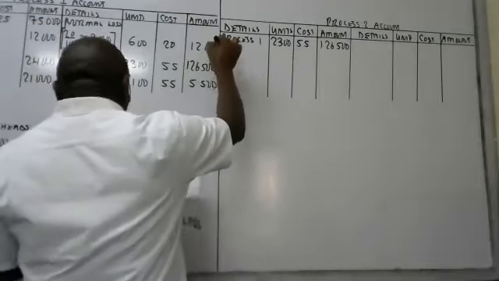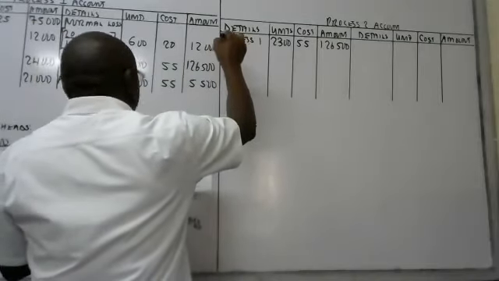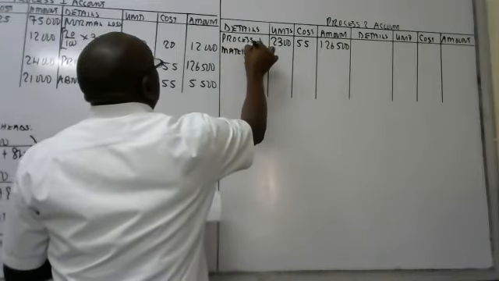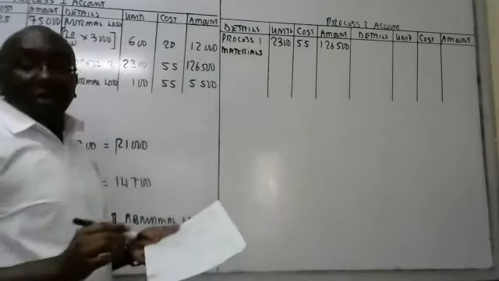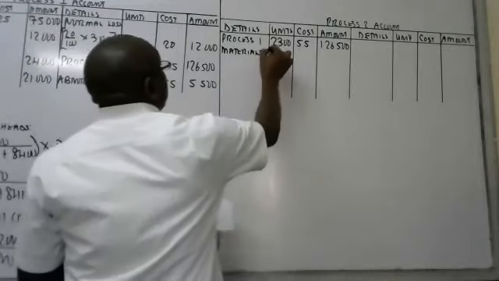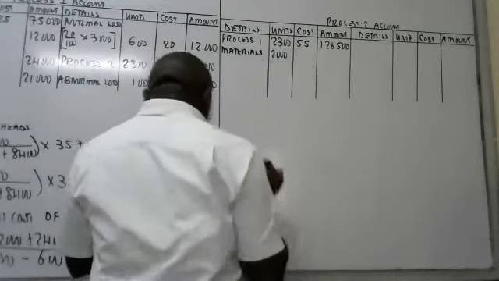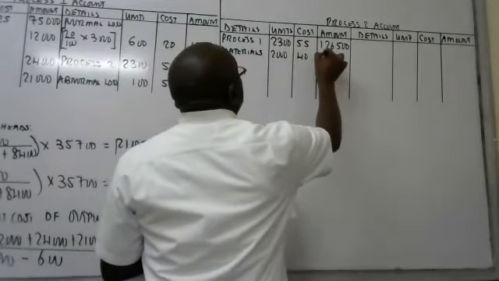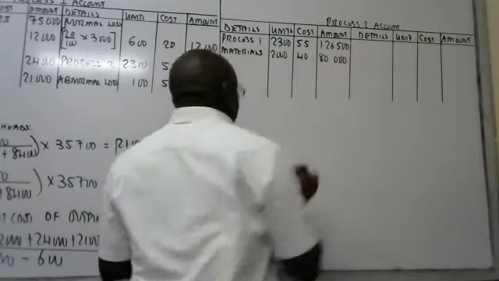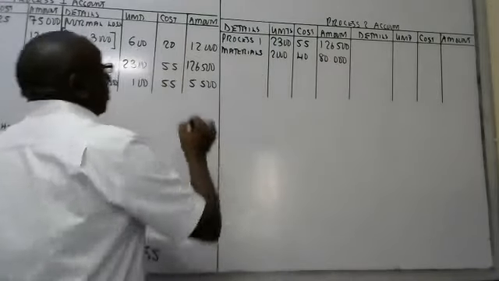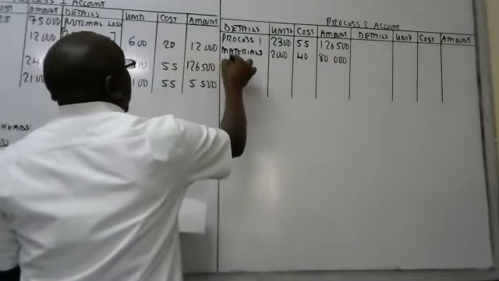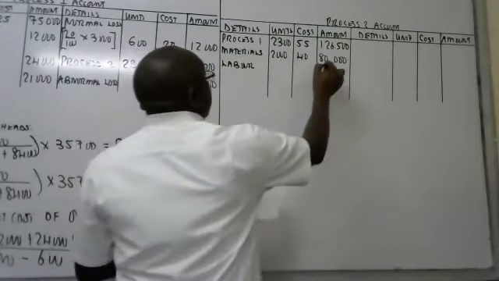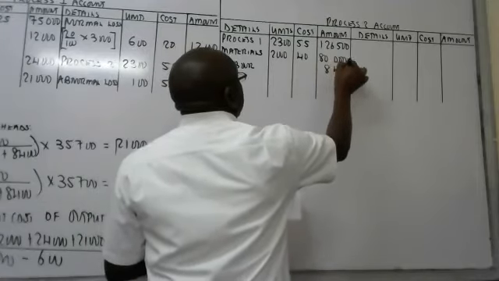Then we bring materials. We have materials of 2,000 kilos, each at 40. So that must be 80,000. Then we have labor 8,400.